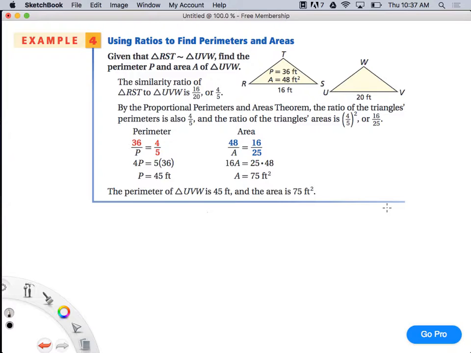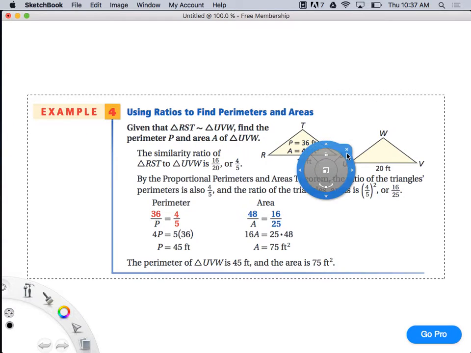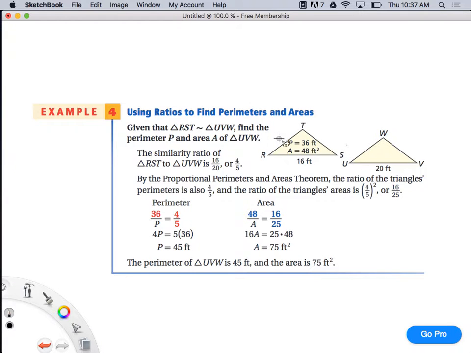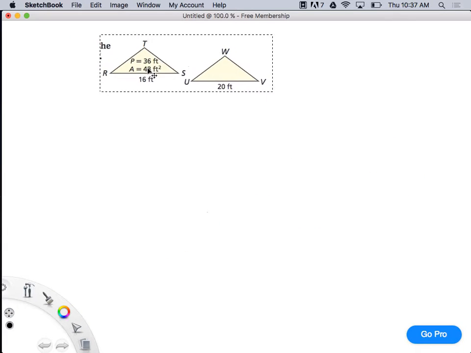I find the ratio of this one to this one, right? I don't want to do it the way that they did it, because it's confusing. So same for the example. Check it out.